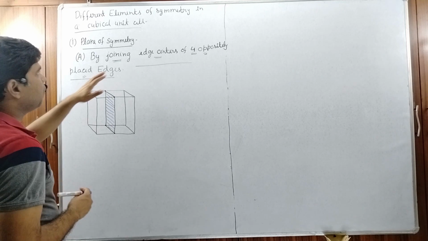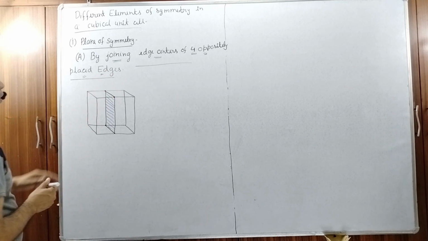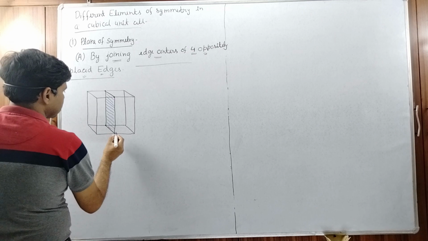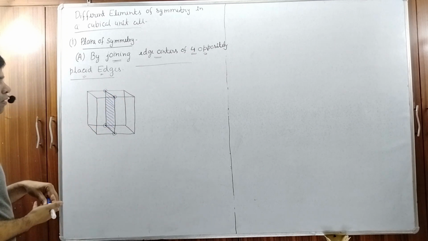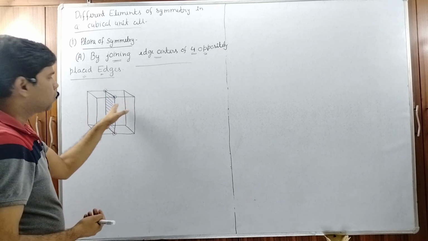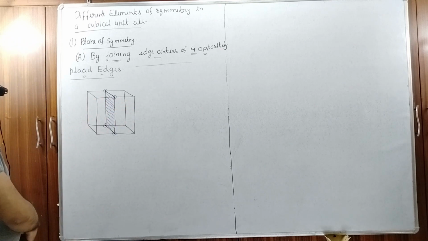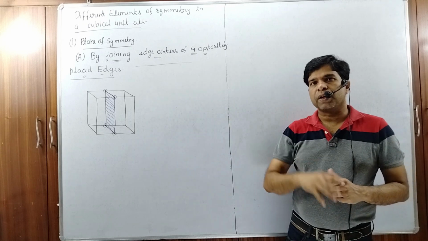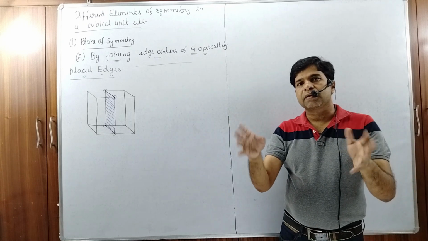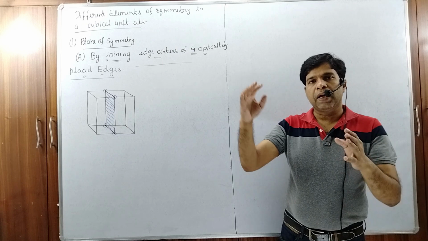To obtain one plane of symmetry, how many edge centers have we used? 1, 2, 3, 4. Four edge centers are utilized to obtain this one plane of symmetry. So 12 edges consist of 12 edge centers.